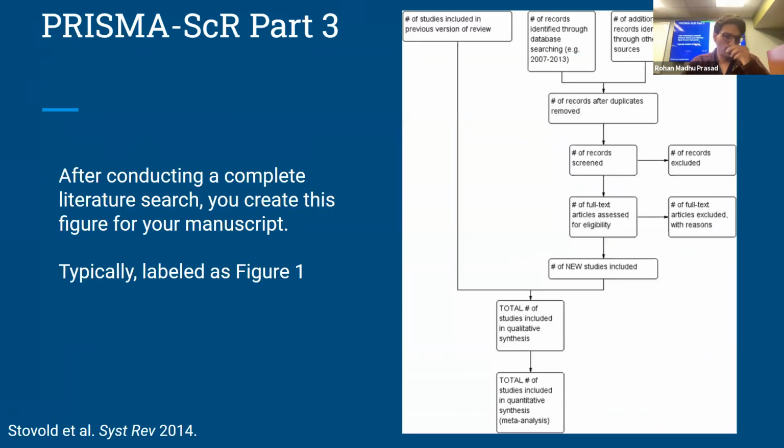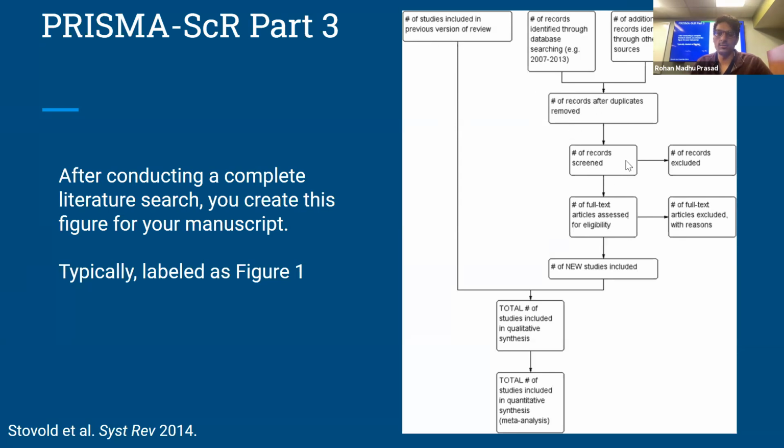Now, the third part of the PRISMA checklist is conducting, or making, this figure. And I'll show you how to make it next week in the RevMan workshop itself. But you go through and you start off, at the top right here, with how many articles you started with.